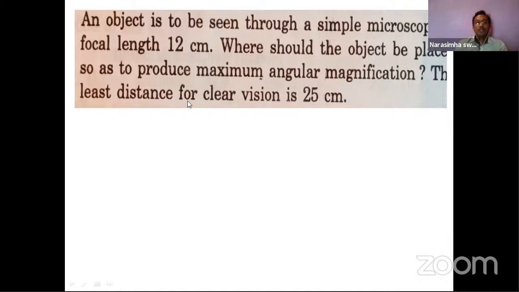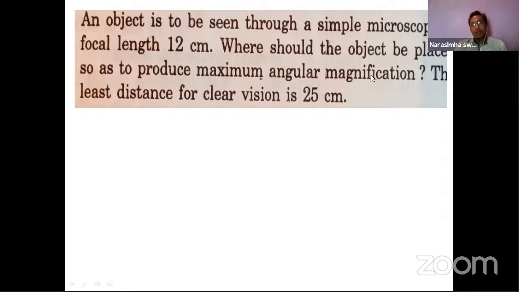The least distance of clear vision is 25 centimeters, which means capital D is given. The focal length of this microscope is given as 12 centimeters.